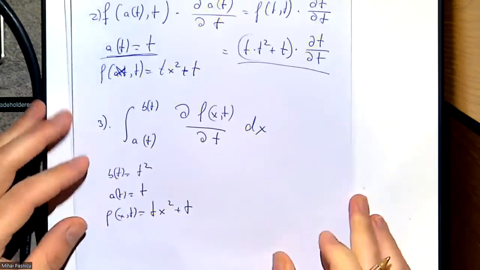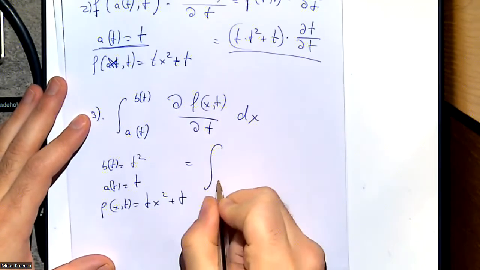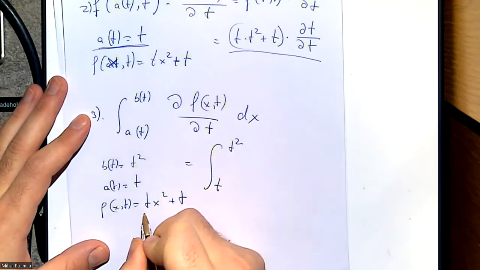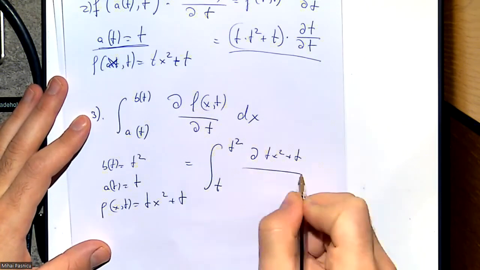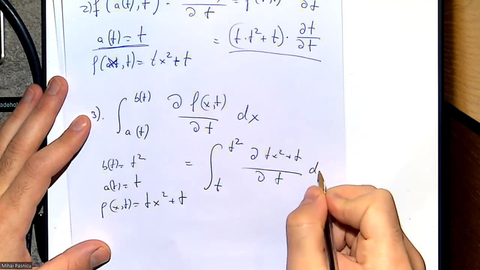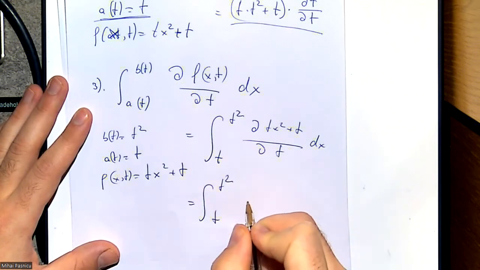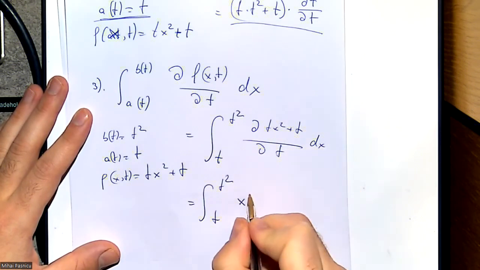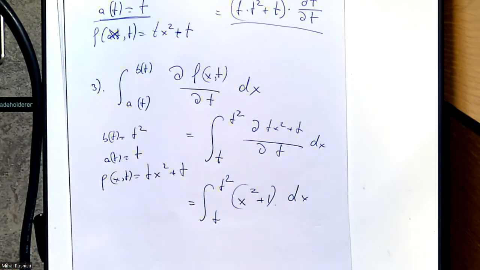Okay, I haven't had it written up top. So now I just write this out, and this is equal to the integral from t to t squared of the derivative of tx squared plus t with respect to t dx, which is just equal to the integral of, what's this derivative, x squared plus 1 dx. And this is my final term.